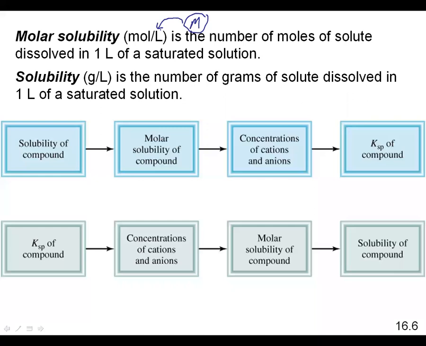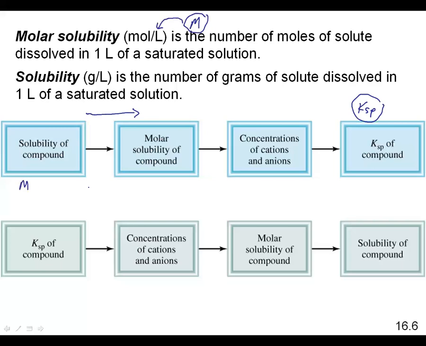Now, there are really two types of these problems, and it is based on the information that's given to you. The first type of problem is the top one here, where the ultimate goal is to calculate the Ksp of a solution. Usually in that case, they will give you the solubility of the compound, so the molar solubility.